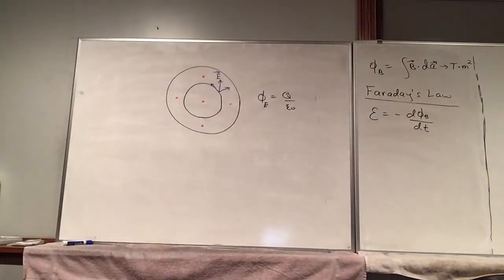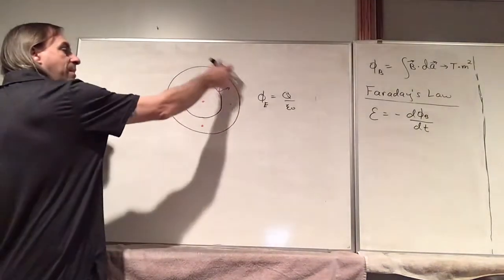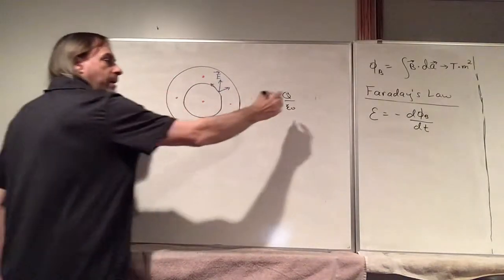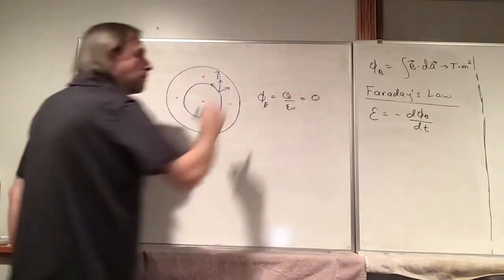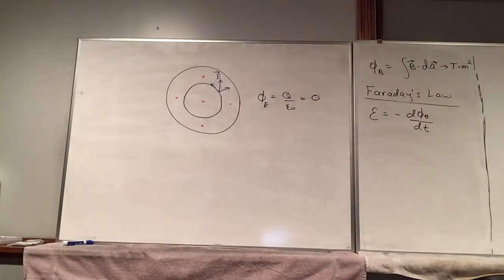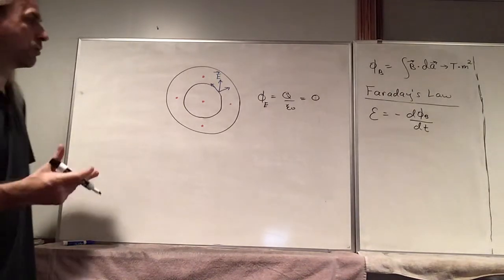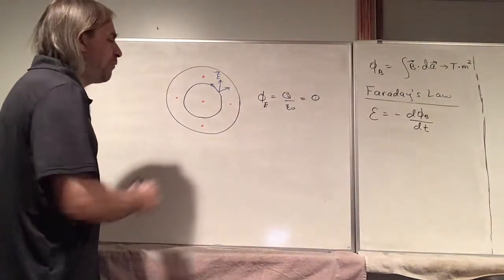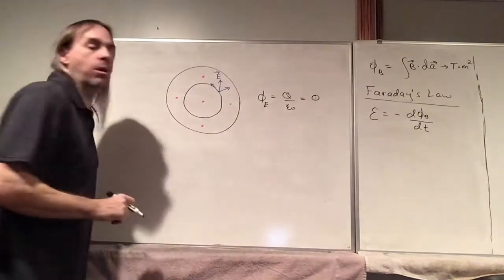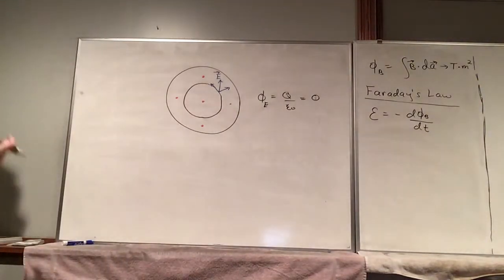But the charge enclosed is zero. We're saying there's nothing inside this solenoid, and so the electric flux has to be zero. And if we have a radial component outwards, then there would be a flux.